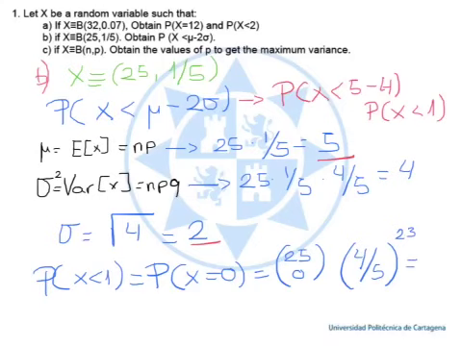So, following the calculus, we get that this is equal to 0.003778. So here we have our result. Now let's continue with part C.